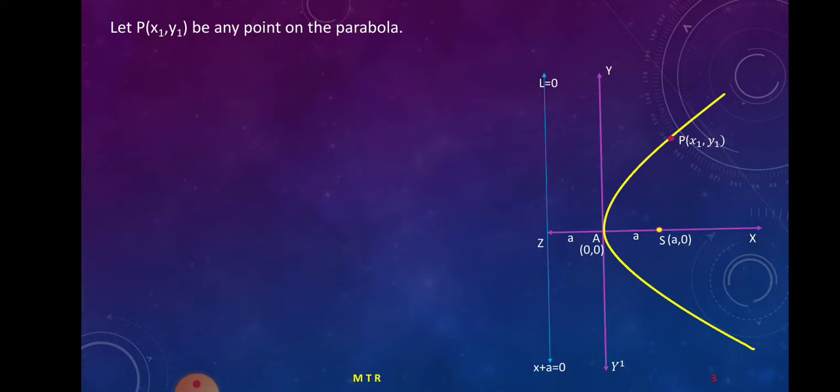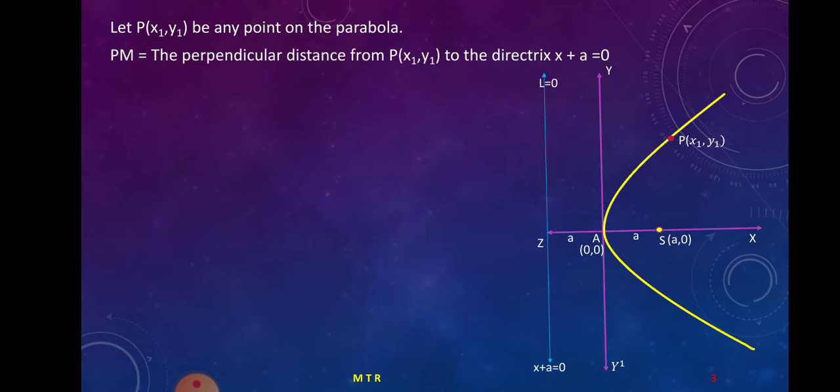So for that, first we find PM. PM is nothing but the perpendicular distance from the point P(x1, y1) to the directrix x + a = 0. The perpendicular distance from a point to a line is modulus of (ax1 + by1 + c) divided by root of (a square + b square).